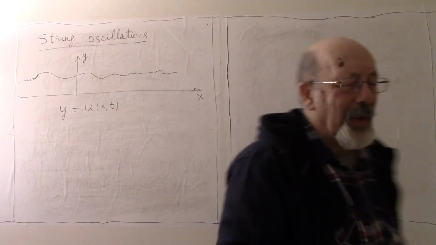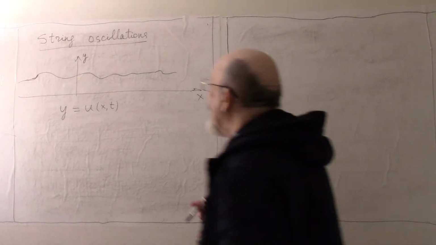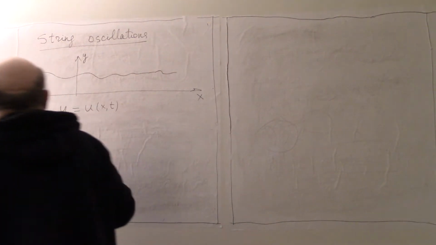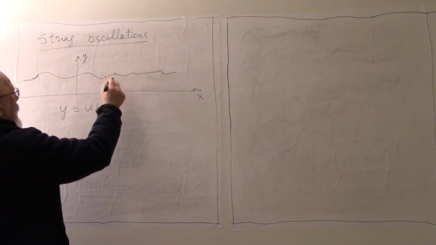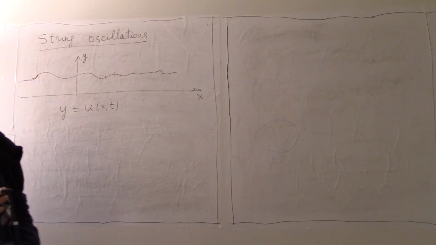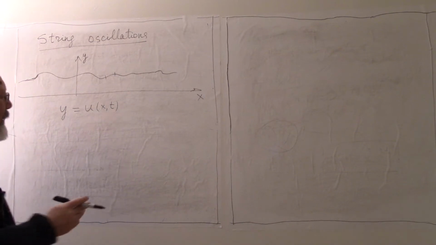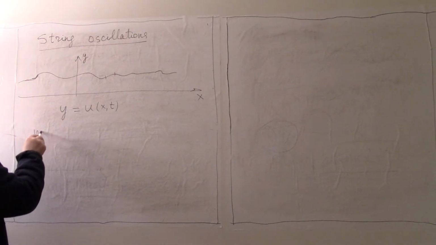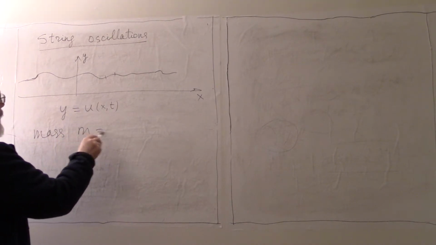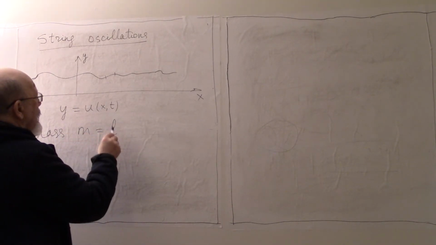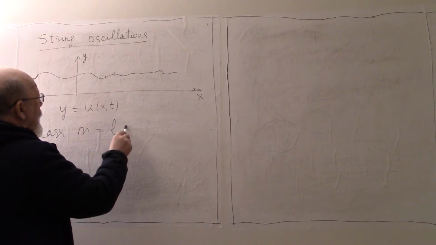First thing. Second thing, what is the string materially? Materially, each piece of string has some mass, which is proportional to its length. So the mass m equals L times some rho.